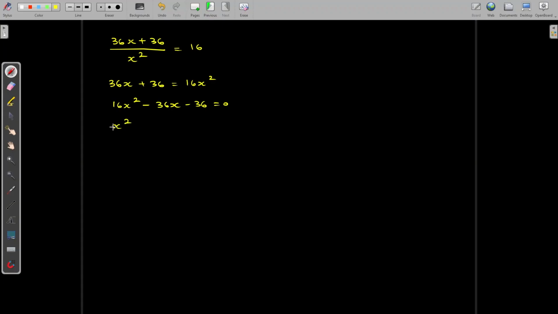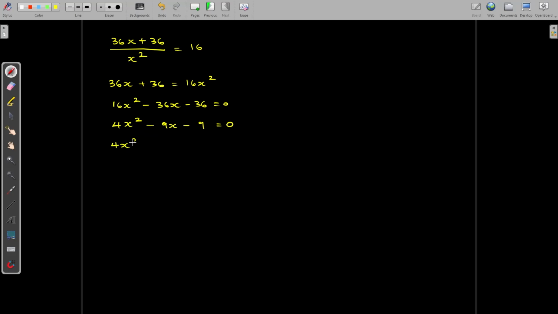So 4x squared minus 9x minus 9 is equal to 0. Now let's see, AC method should be able to work here. 4 times 9, that's negative 36. So this is negative 12, positive 3.